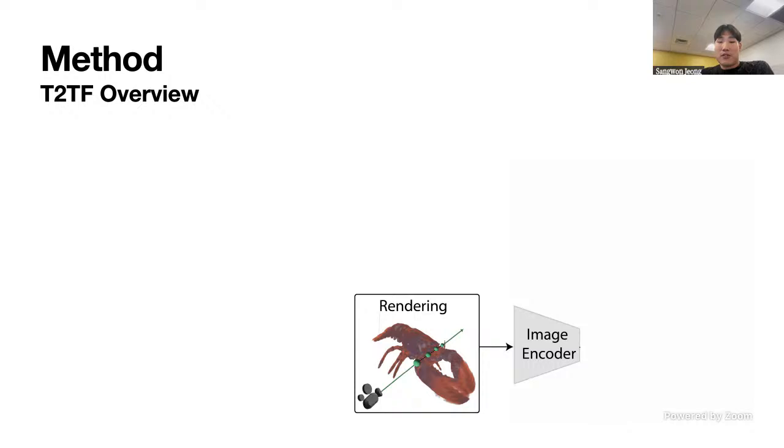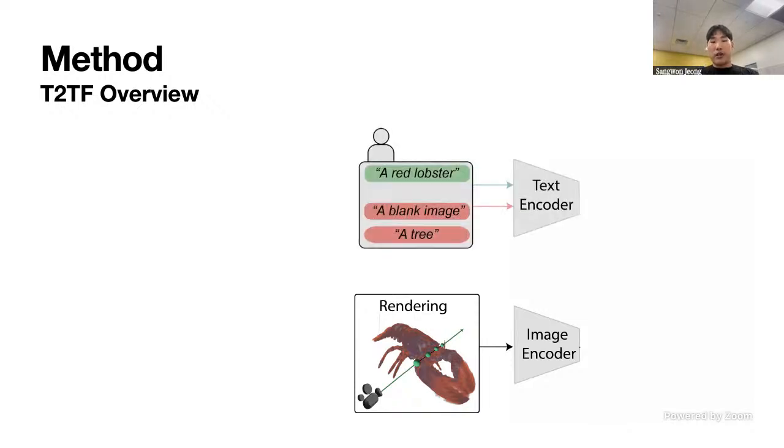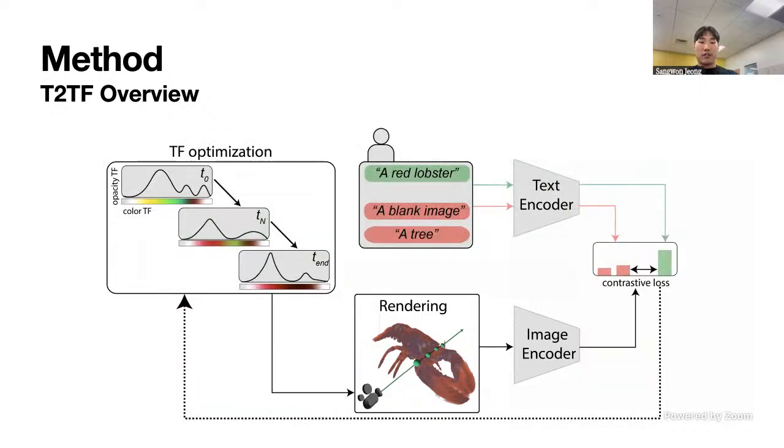These images are then encoded by the image encoder of the vision language model, resulting in individual image embeddings. We then compute a similarity score between the text and image embeddings. The objective is to optimize the transfer function to maximize the score for the positive description and minimize it for the negative descriptions. The score guides the iterative optimization of the transfer function in each step.